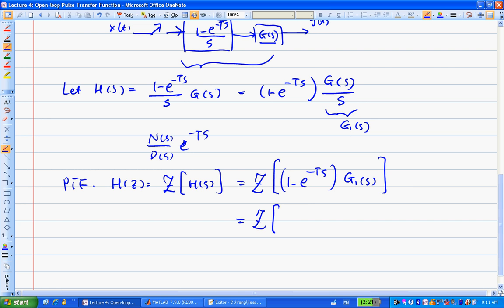So for the one in the block here, it's G1 of S.